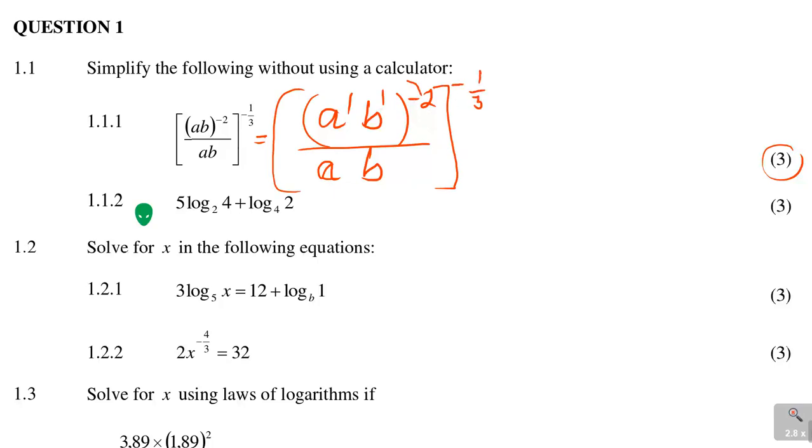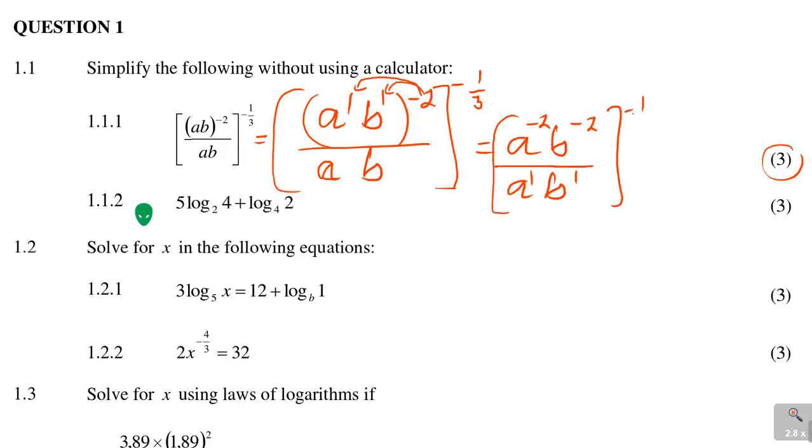You must understand this 2 will open this negative like that, so that we have a to the power -2, b to the power -2, over a, b, which also have power 1, and this is to the power -1 over 3.